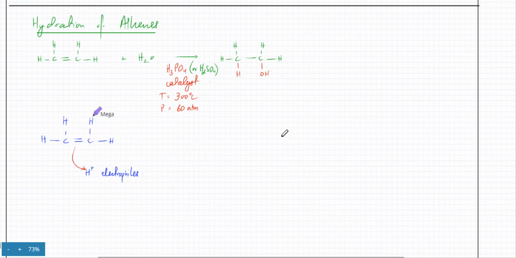Remember the double bond. It pulls the electrons from the pi electron cloud. Previously there was a double bond between the two carbon atoms, and when H plus comes along, it is going to pull the electrons in the pi electron cloud and bond with them.